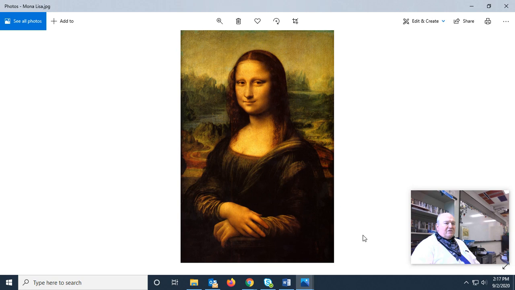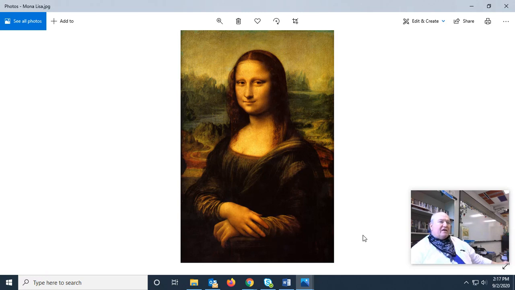It is Leonardo da Vinci's Mona Lisa. What's really amazing is that this is the most famous piece of art in the entire world, and yet, by the way, you know where it is today? My garage. No, I'm just kidding.